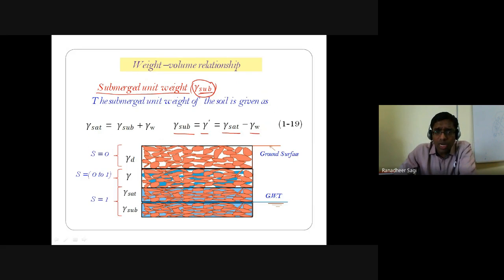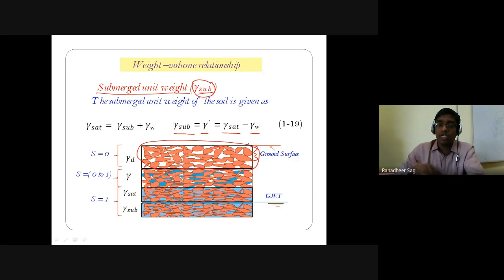Now, if I look at this particular picture, it gives us a clear understanding of which unit weight to talk about in which case. Let's say, for example, in the first stretch, in this region of the soil, all the voids are filled only by air.